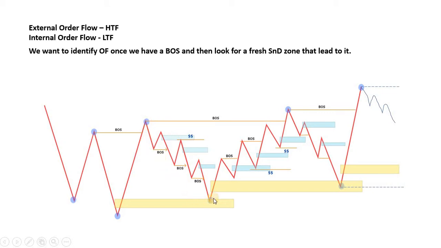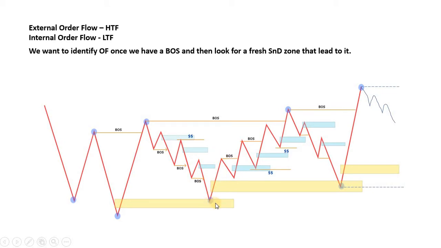So compression could well be a way of giving more credence to our zone, what we call an added confluence, that possibly at our zone we may see price either reversing or reacting from our zone.